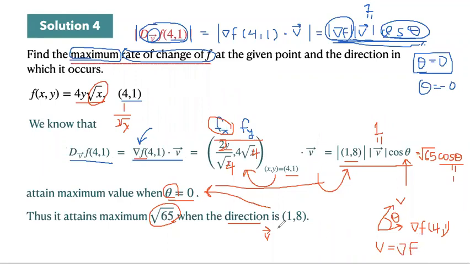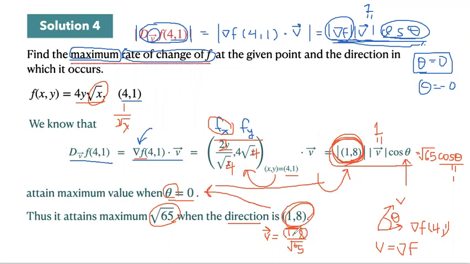So we know that gradient f is given by 1,8. So v is the direction of 1,8. If we want to find the exact unit vector here, then it'll be 1 over root 65 times 1,8, because we want to find the unit vector.